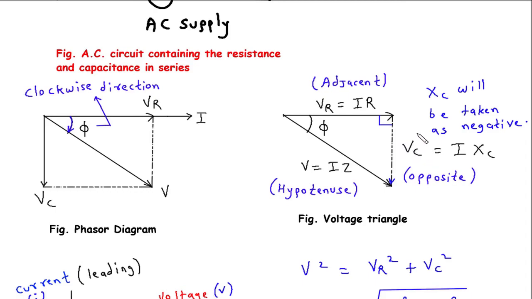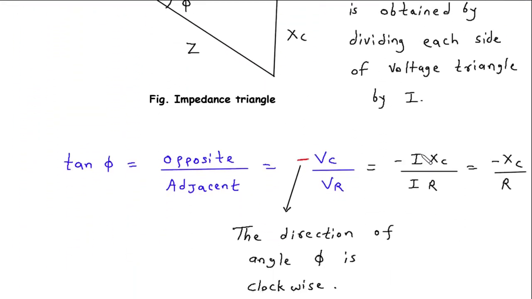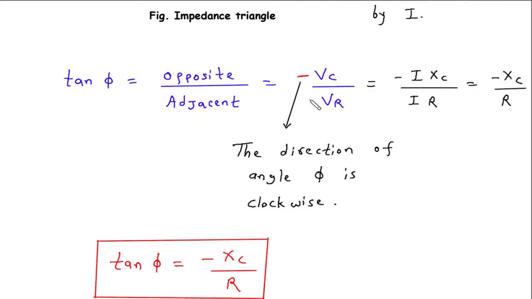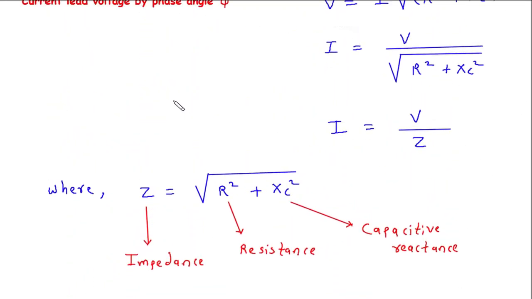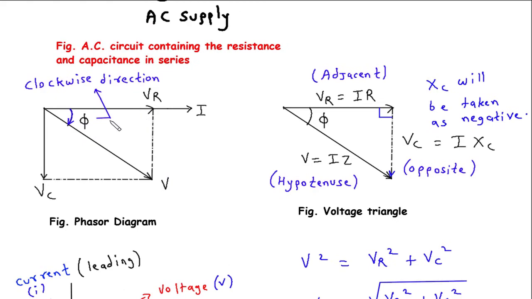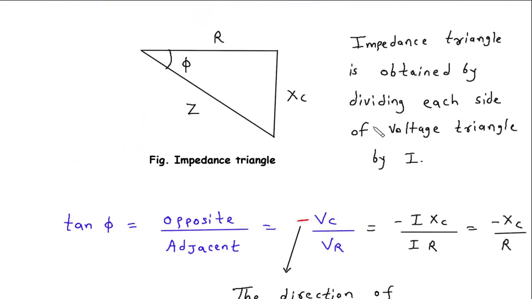This VC is in the downward direction, so this will be taken as minus. The direction of angle phi is clockwise. Also we can say that the direction of this phi is clockwise direction like this. So that's why this VC is taken as minus.